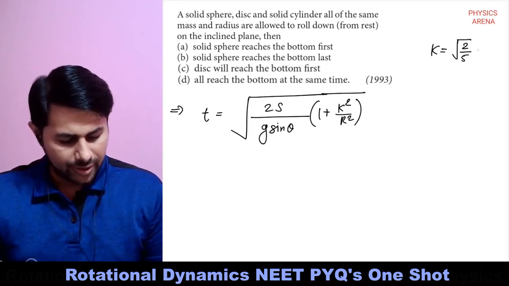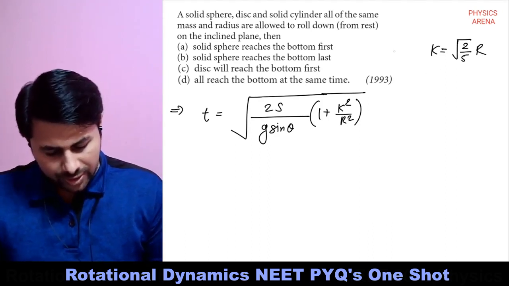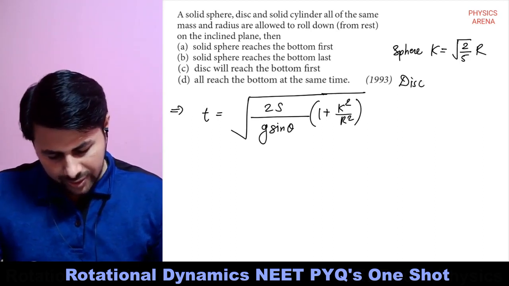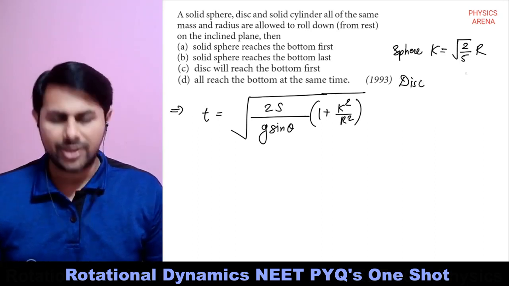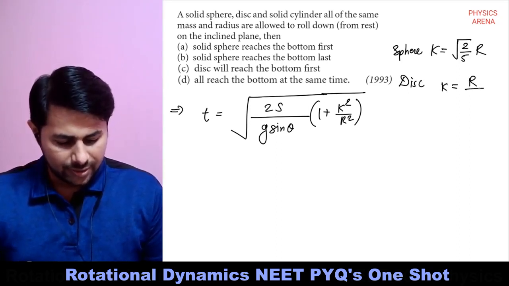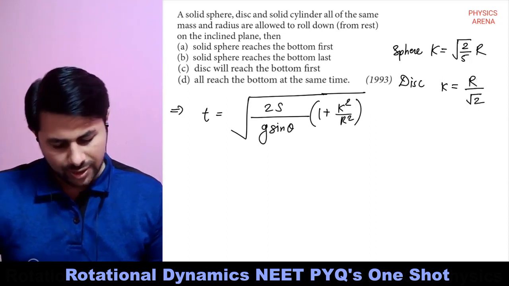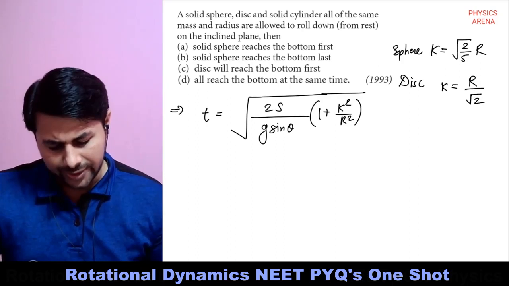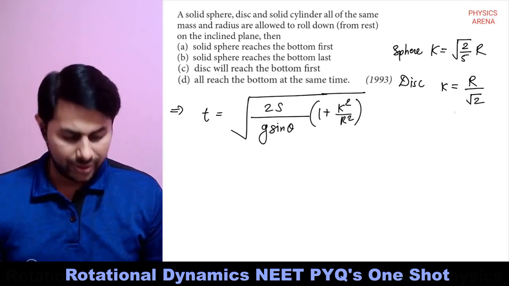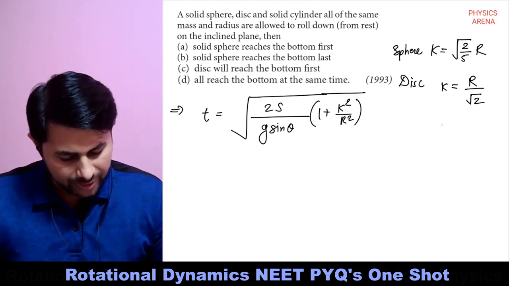Root 2 by 5 r for solid sphere. For disk, how much is it? Moment of inertia is, sorry, half of mr square. So radius of gyration is r upon root 2. And for solid cylinder, moment of inertia is mr square by 2.